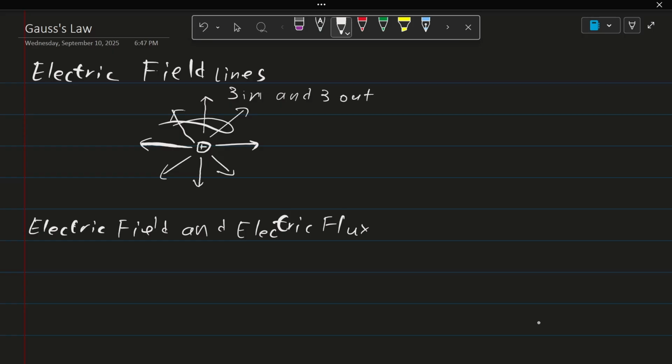So if you count the number of electric field lines that go through this object, in total it will be 0, since there are 3 in and 3 out. But this is different if you include one of the charges, in which you would find that there are 8 out, and none of them is going in.